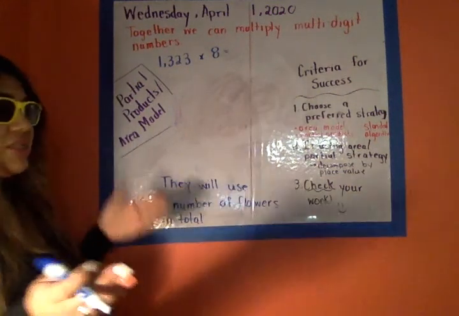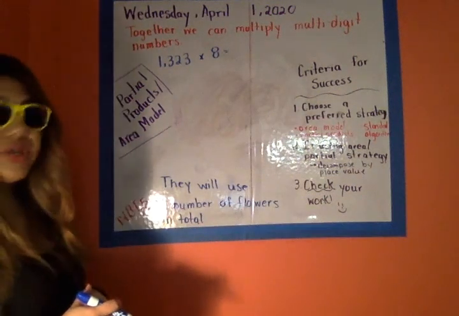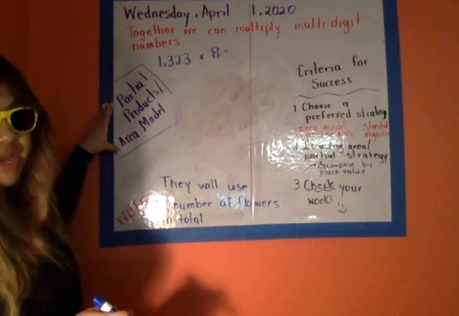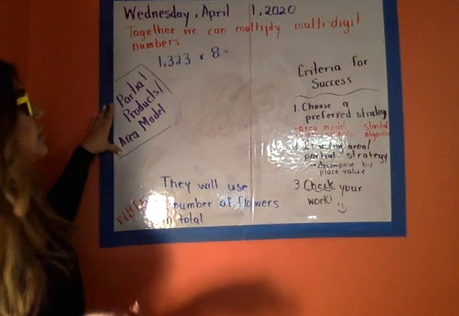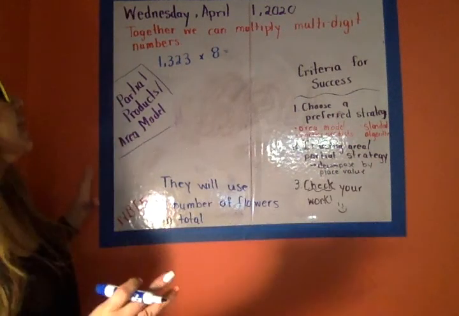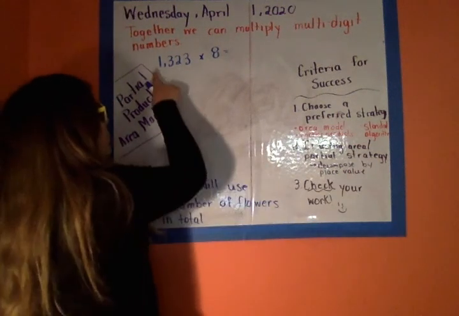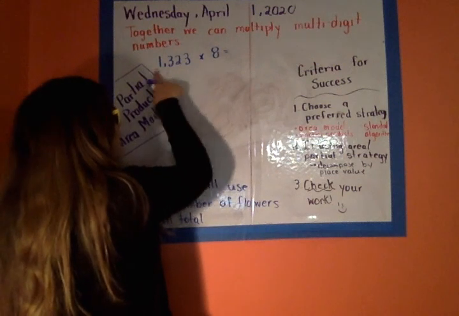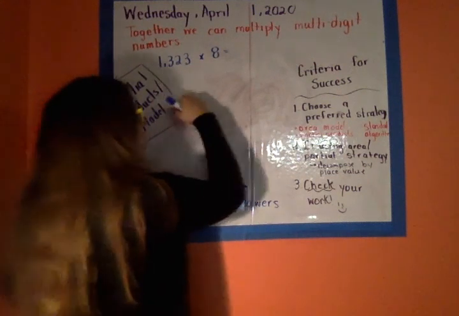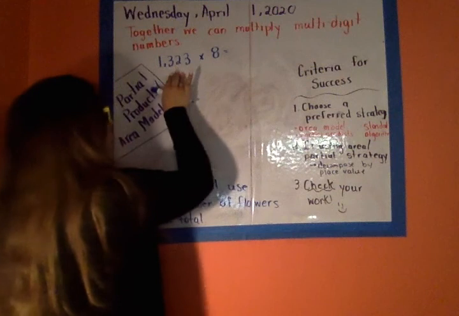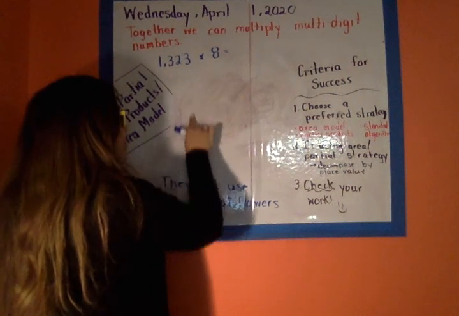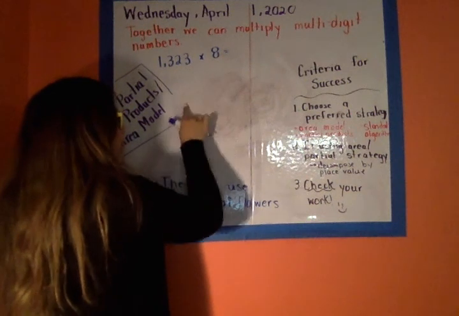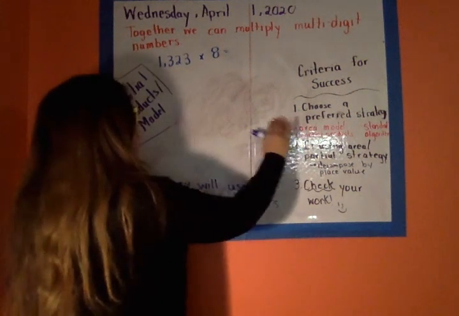Alrighty, let's get started. I'm going to get started by using the partial product strategy, also known as the area model, right? In order to do this, I need to set up my area model, which means I'm going to draw a rectangle with the number of digits on the horizontal side for my first factor, and the number of boxes that I need for my second factor, right?